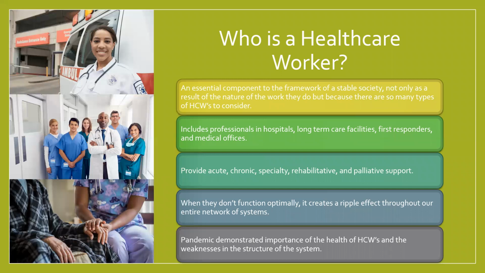But we saw the ripple effect of this where we didn't have workers in some of these settings, such as specialty or rehab. And this put such an incredible strain on our system and caused more difficulties for people on their path to recovery.